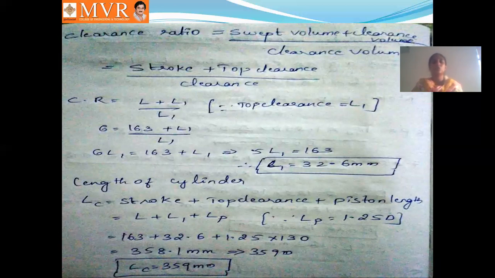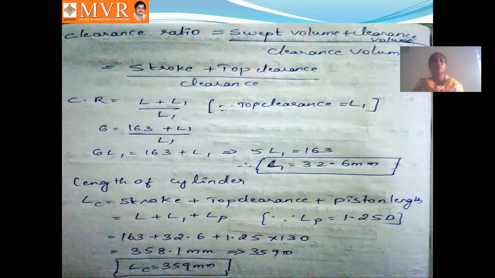We can take the swept volume as the stroke, plus the clearance volume, which is applied at the top of the center, meaning the top clearance. So the clearance ratio is equal to L plus L1 by L1. The clearance ratio we are taking as 6.